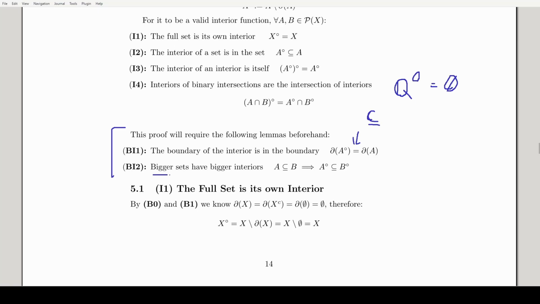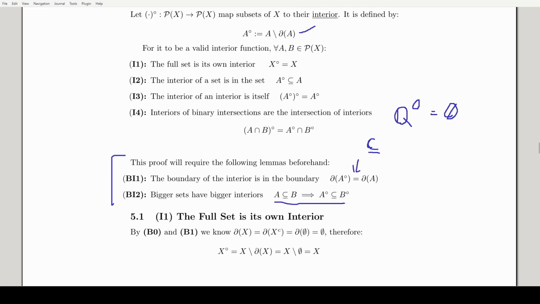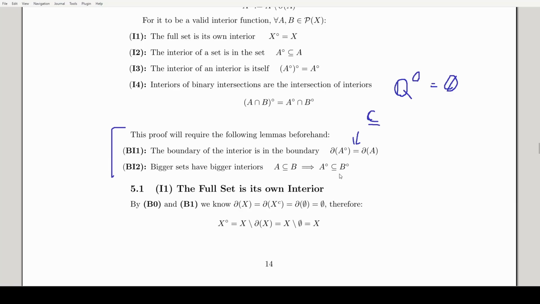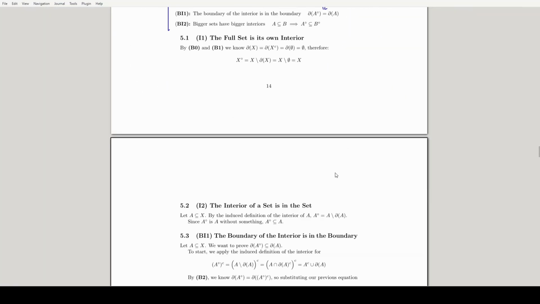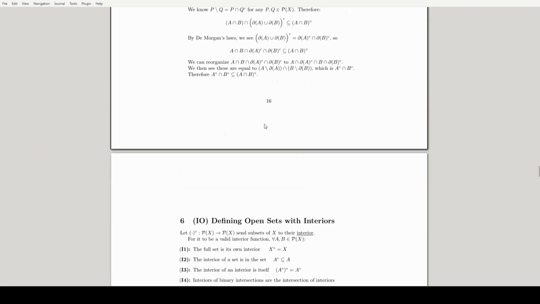And then bigger sets have bigger interiors. I hope this makes sense. If you're removing everything the outside touches, and the outside contains less because the set's bigger, it's going to have more points. Hopefully that makes sense. So, that is boundary from interior.